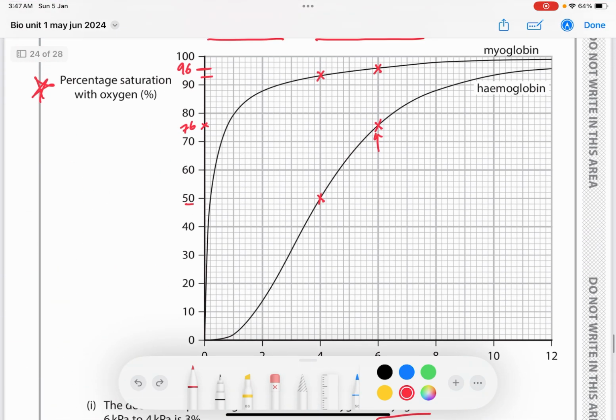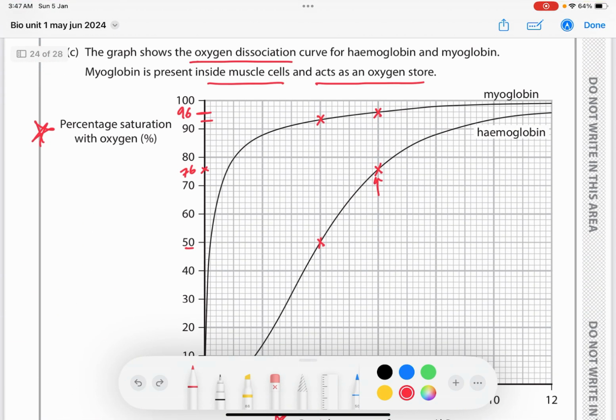Let's see. Right over here we can see we have 2 lines, right? We have one for myoglobin, and one for hemoglobin. Now, this second part is asking us about myoglobin, so we're going to look at the myoglobin line.